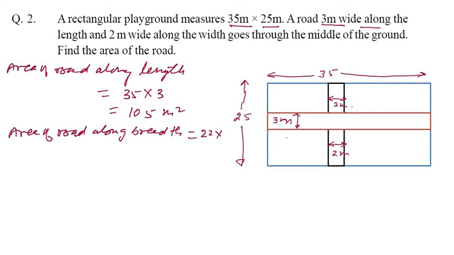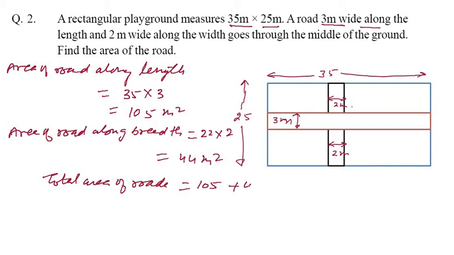So 22 into the width, which is 2 meters, so it is 44 meter square. So total area of road is 105 plus 44, and that becomes 149 meter square. So that one is your answer.